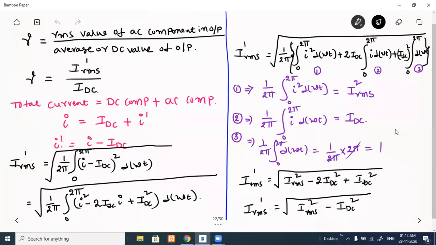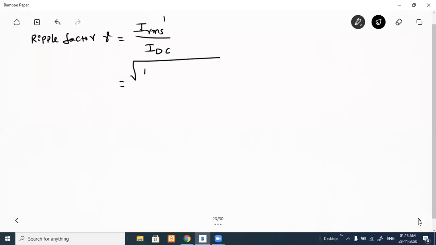So from this IRMS dash, we can easily calculate the ripple factor gamma, which is equal to IRMS dash by IDC. IRMS dash is already calculated, that is square root of IRMS square minus IDC square by IDC.